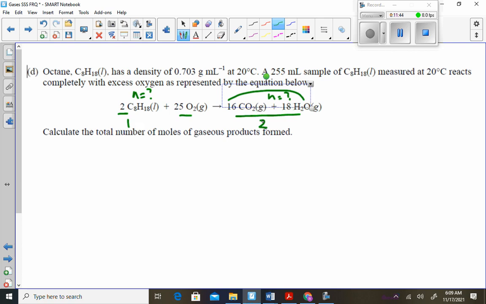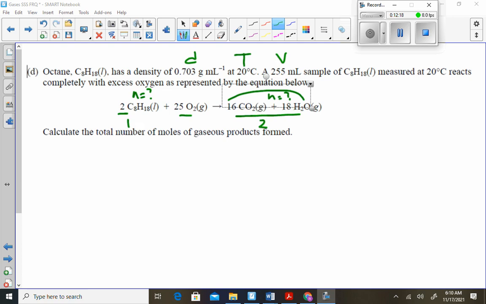So step 1, to find the moles with the information that we're given. If we know a density, the temperature, the volume, and we don't really know anything else, if we had the pressure, we could do PV equals nRT, but we do not.